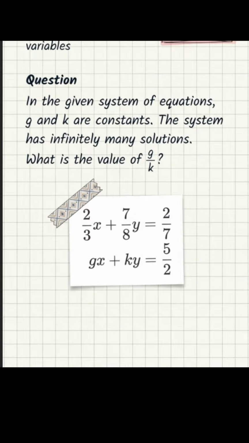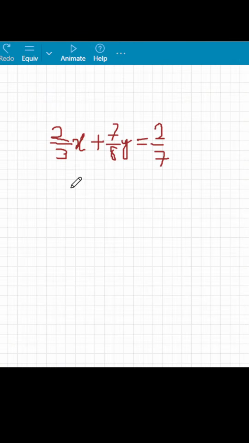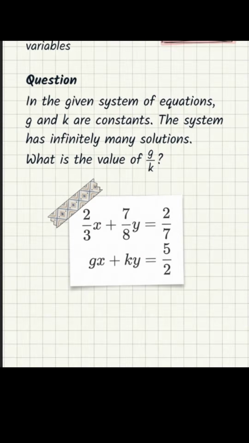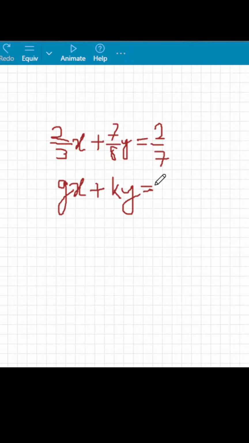This is the first equation. Then we have gx plus ky is equal to 5 by 2. So these are the two equations.